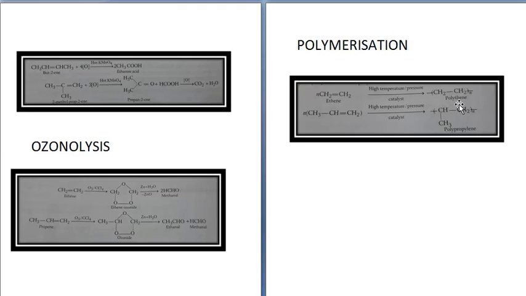This is polythene. Similarly, n molecules of propene, CH3CH=CH2, at high temperature and pressure in the presence of a catalyst give you (CH(CH3)-CH2)n. This is known as polypropylene.